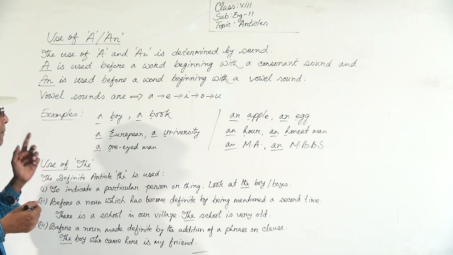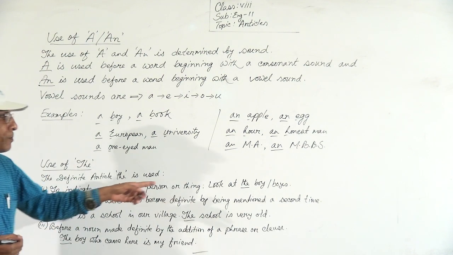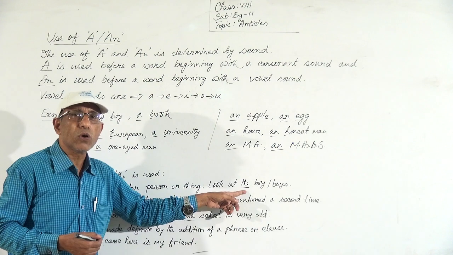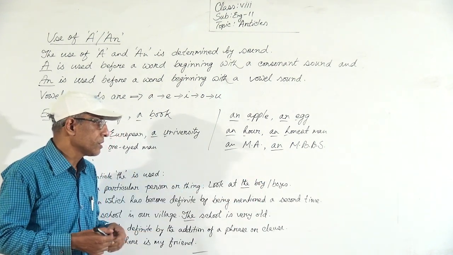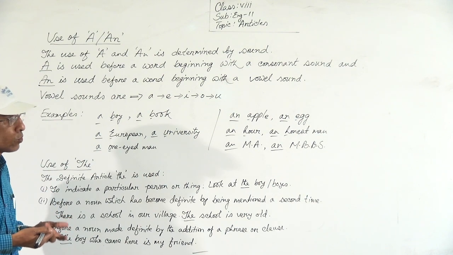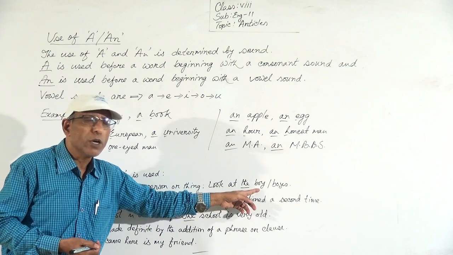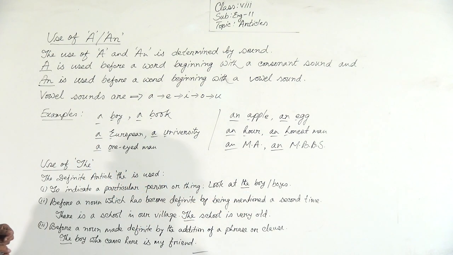They are the particular boy or boys. So you have to say article THE before boy or boys. So when we indicate a particular person or thing, we have to use the definite article THE.